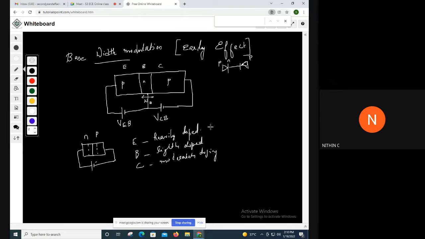When it comes to size, base region is having the smallest size among the three regions. Collector region will be having the largest size. Emitter will be having a moderate size in between that of base and collector.